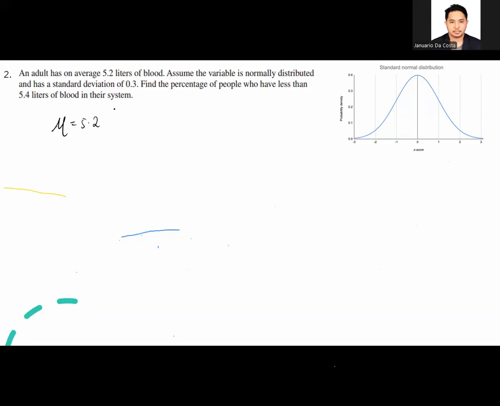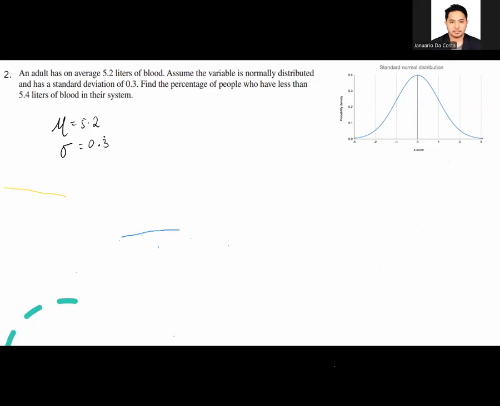Assuming the volume of blood of each individual in the population is plotted as a probability distribution function, it is normally distributed. You have learned the central limit theorem. Assume the variable is normally distributed and has standard deviation of 0.3.